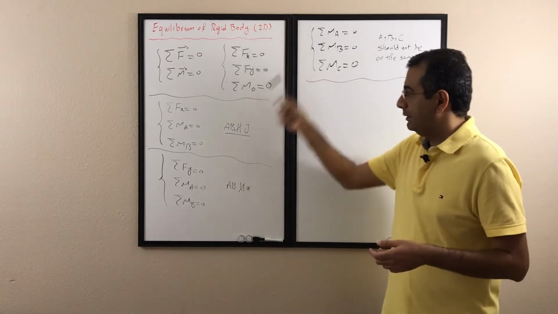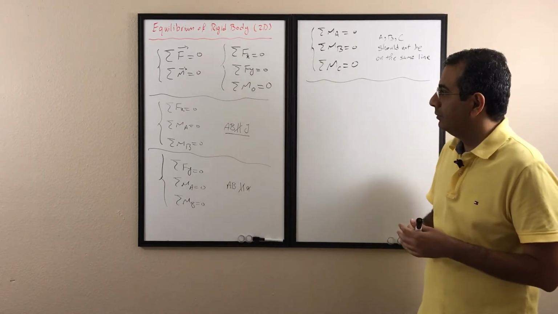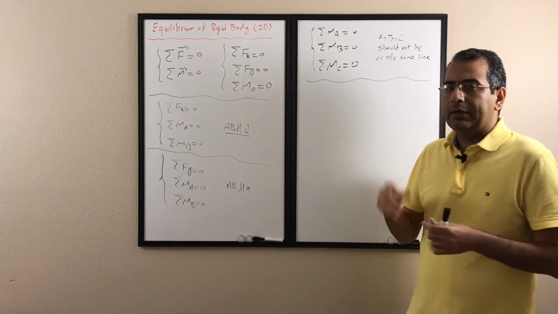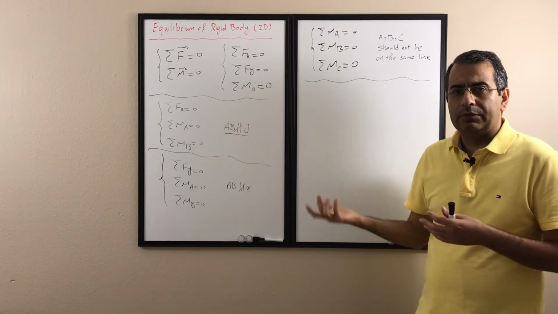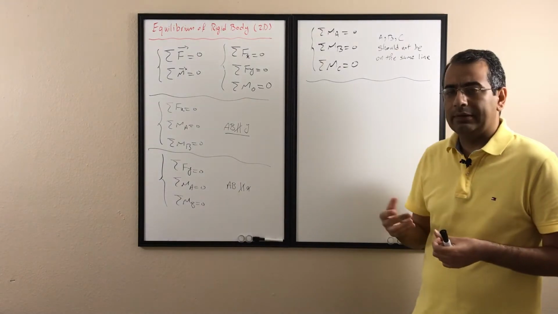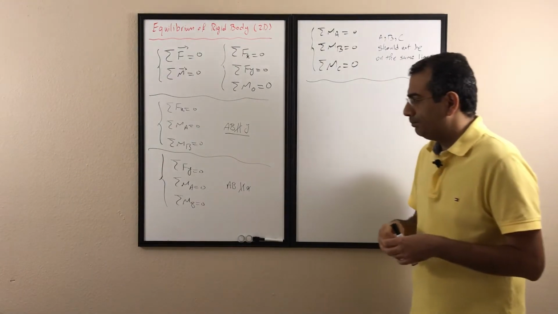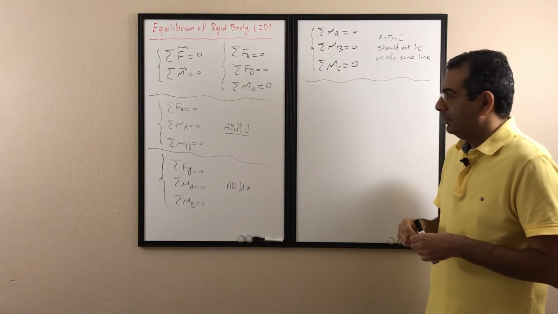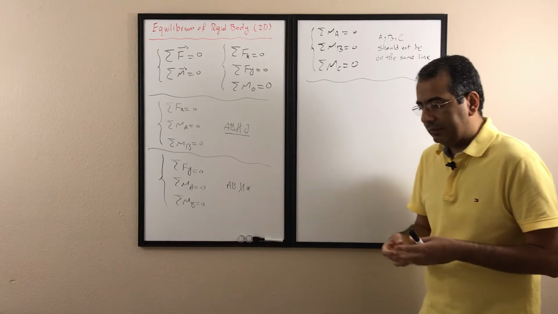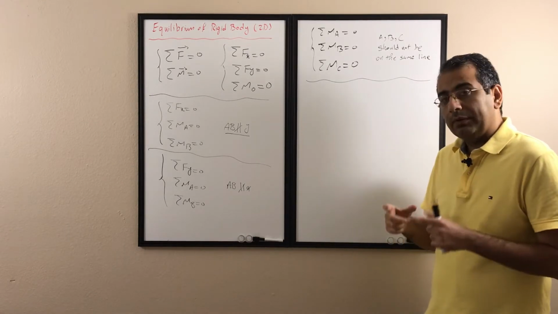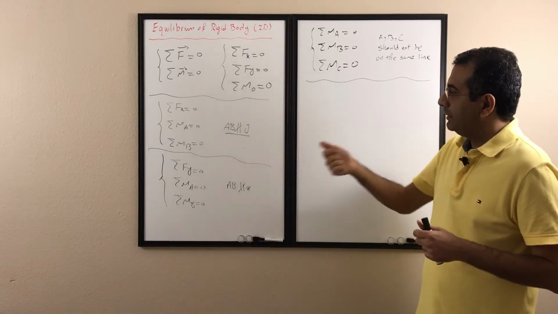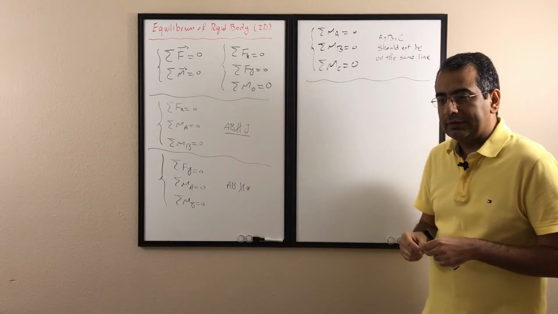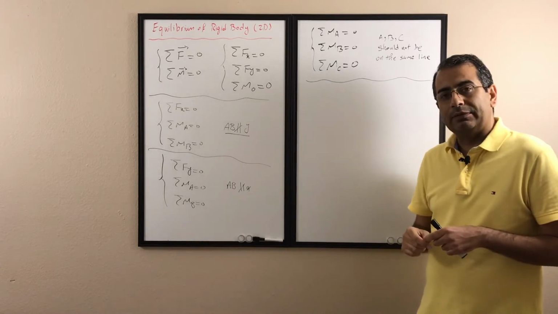Basically, these 4 formats that I wrote, we can mix and match in any way we want, in any order, to solve the problem. The only thing is that we have to look at the problem and see which of these equations is going to give us the easiest way to solve it.